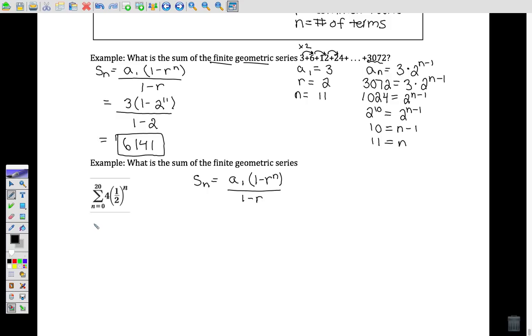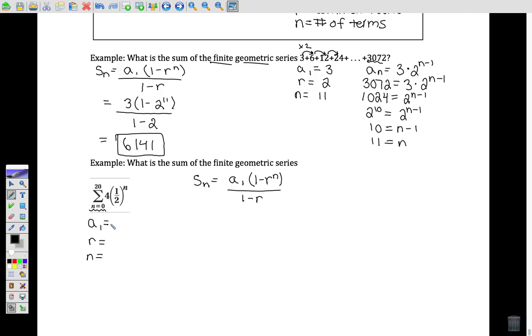So the first thing we need to know is A1, we need to know r, and we need to know how many terms we're adding. First thing we need to know is what the first term is. Now, you have to be careful here because this really means first term. Based on summation notation, it's telling us to start at n equals 0.